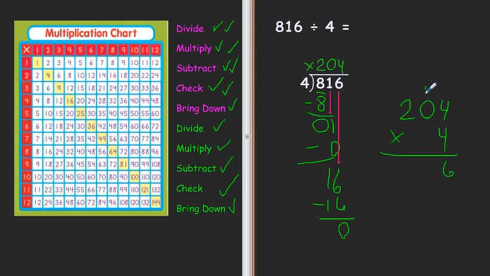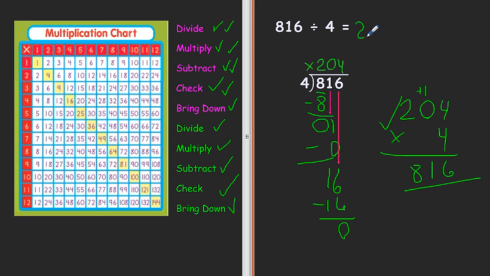I put a plus 1 up here, remember, so I know I'm going to add that and not multiply it. 4 times 0 is 0, plus 1 is 1. 4 times 2 is 8. So 816 matches my dividend, so I know my quotient is correct.